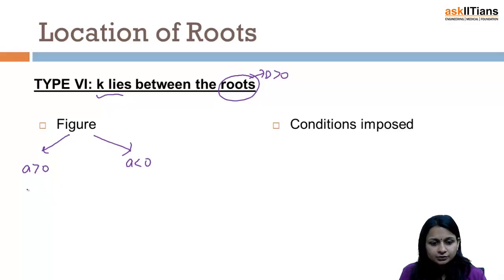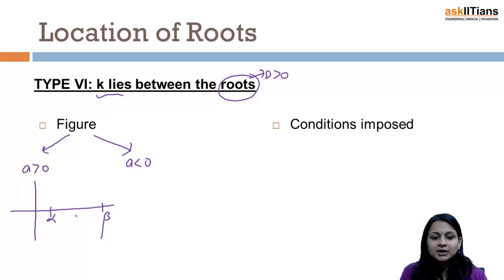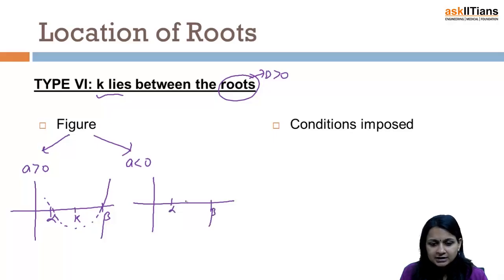For a greater than 0, let's plot the points alpha and beta, the two roots. Now k is lying between them. So we can have any k in between them and my graph will look like this. When a is less than 0, my parabola will have its mouth downwards. Let me plot alpha and beta and k anywhere in between them.